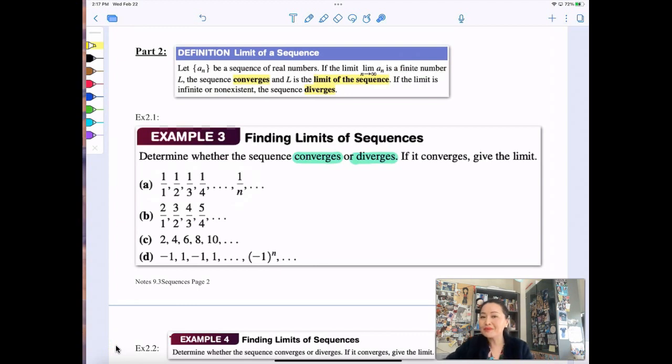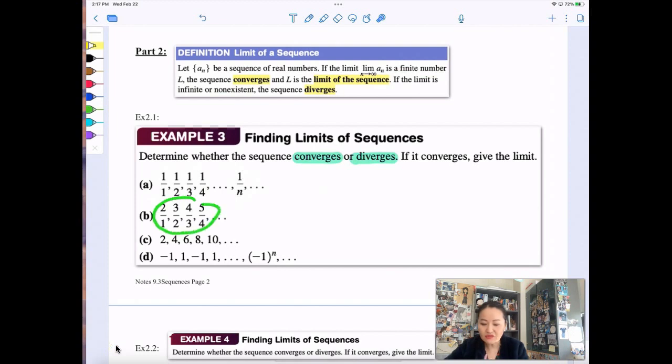And you can see that the explicit formula is 1 over n, because that's how it behaves based on the position of each value in the sequence, okay? Now, it keeps going, right? It keeps going, okay? Determine whether it converges or diverges, and if so, give the limit.